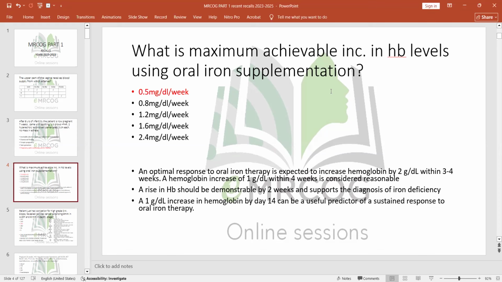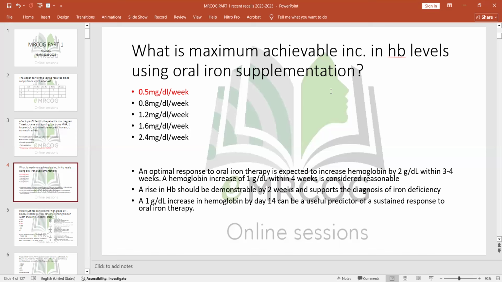So we are going to give them oral elemental iron. It's what we need, because this could be an exam question also. What we need to give her is about 35 milligram of elemental iron.